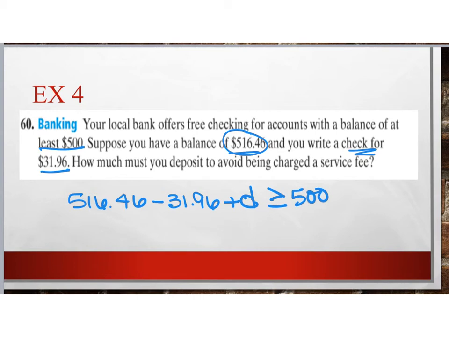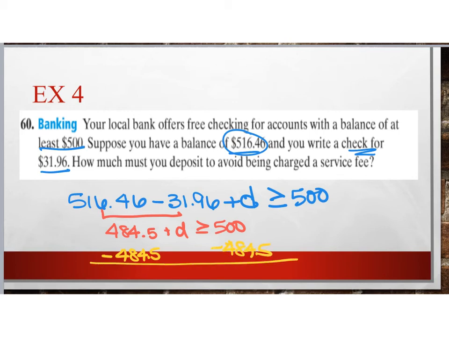So now what I'm going to do is proceed like I would with an equation. I'm going to collect my like terms, and I get 484.5 plus D is greater than or equal to 500. Again, I'm going to get rid of the 484.5 so I can get D by itself. So I will subtract 484.5 from both sides.